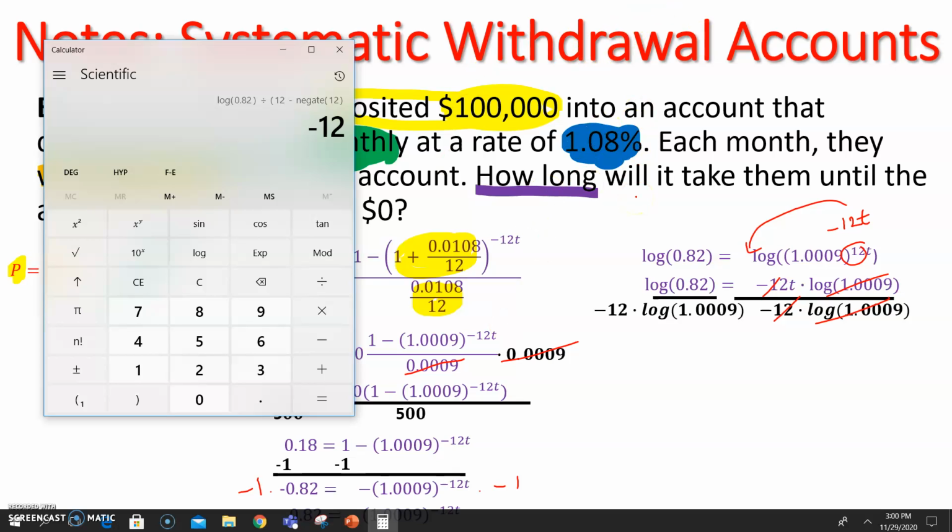Okay, so 12 negative times 1.009 log. That did not type in correctly, so let's try this one more time. 0.82 log divided by -12. It does not like that.